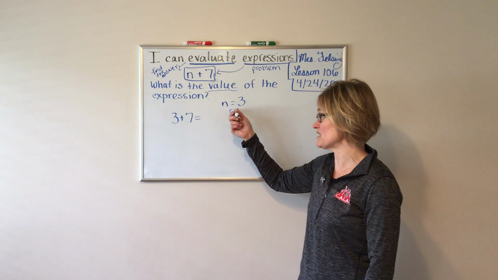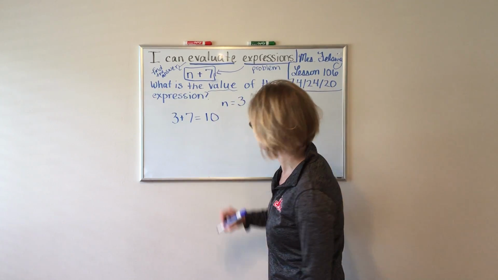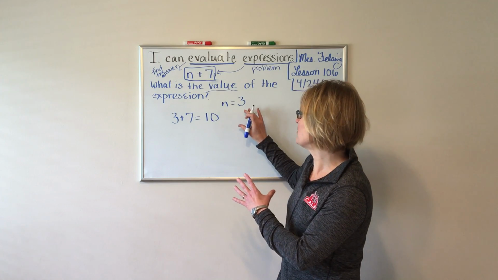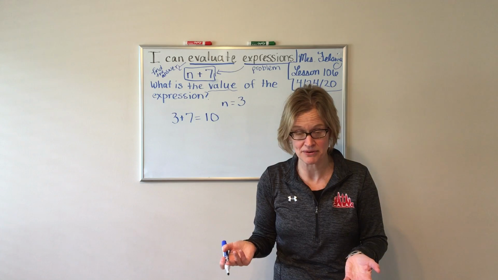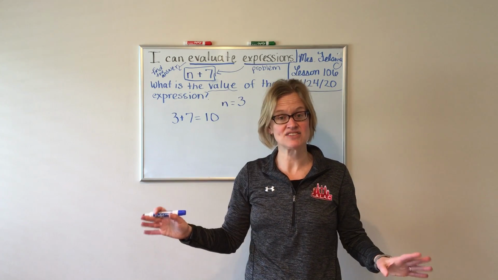Well, if n equals 3, the value of this expression is 10. They're going to give you the number that the n symbolizes, or whatever letter they're talking about, and then we need to plug that in and then find the answer.